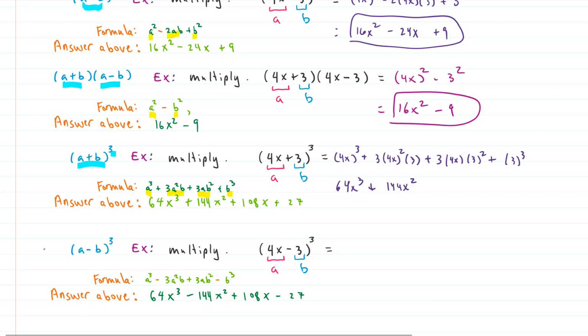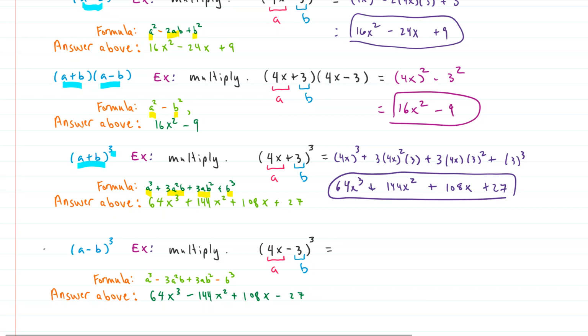Then our next term, we have 3 squared, which is 9, times 3, which is 27, times 4x. 27 times 4x gives us 108x. And then 3 cubed is 27. And that is the same thing that we got above. It definitely looks cleaner, but you've got to remember all these formulas. So who knows? Let me know what you think.